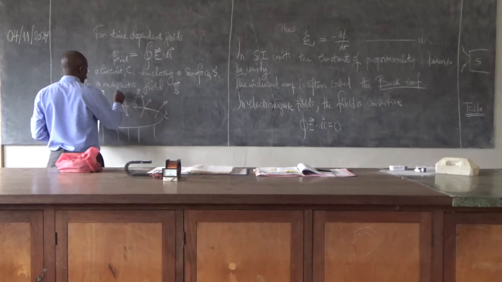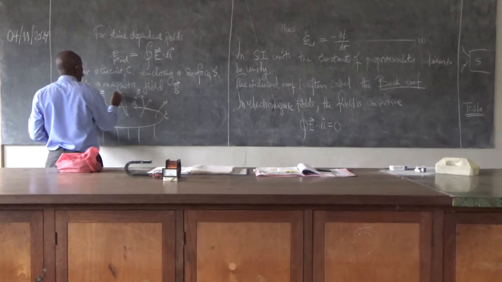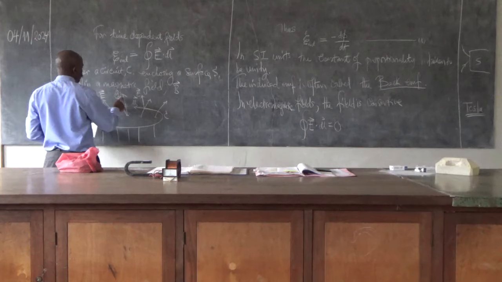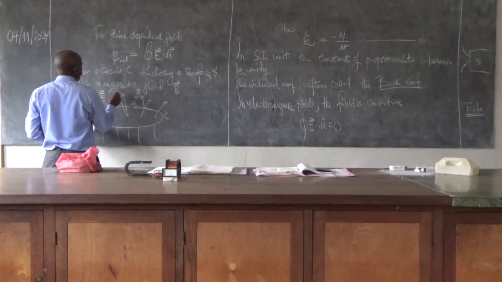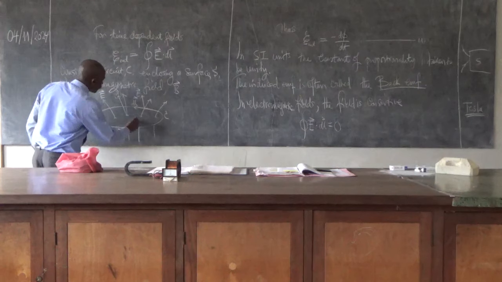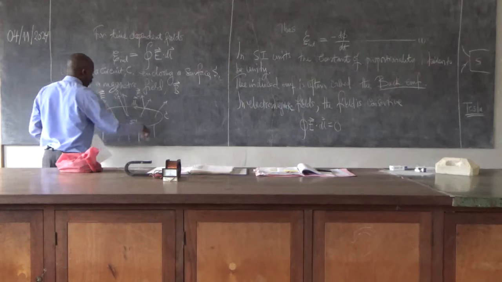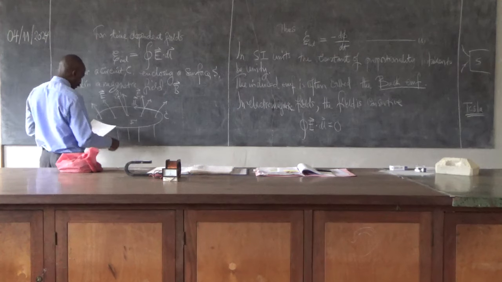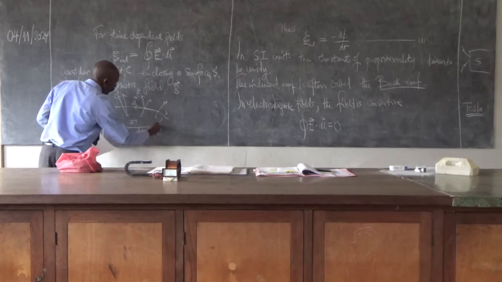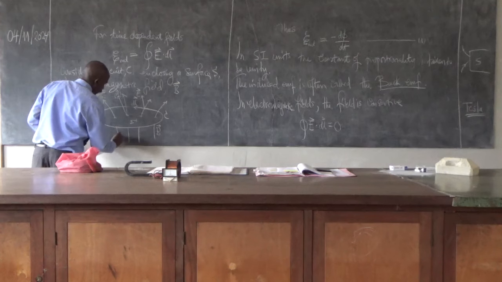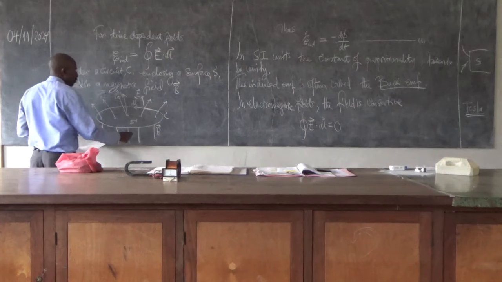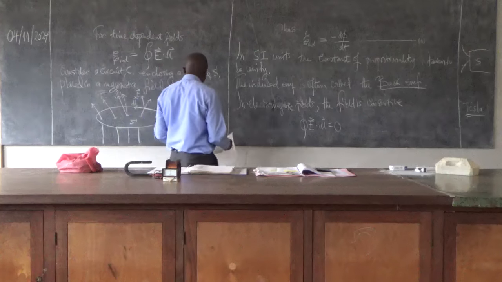Well, I will just draw it now. So if this is the open surface S enclosed by the path C, and this is the magnetic field line, this is our B. This is our electromagnetic field with B, and then we have an E here.